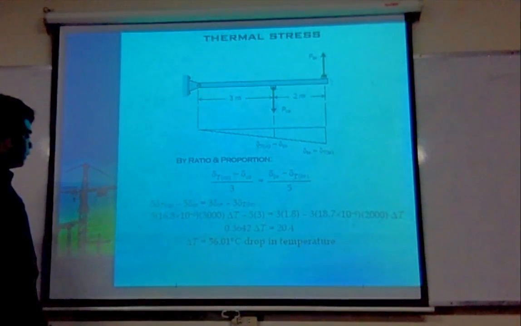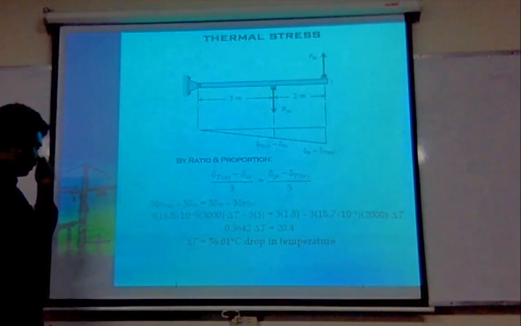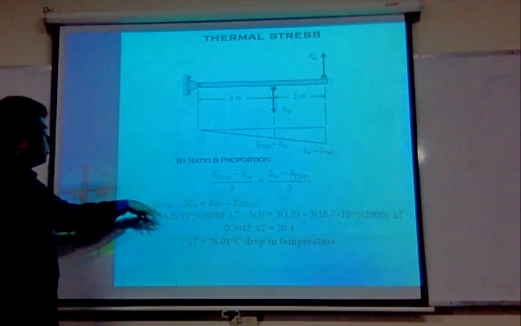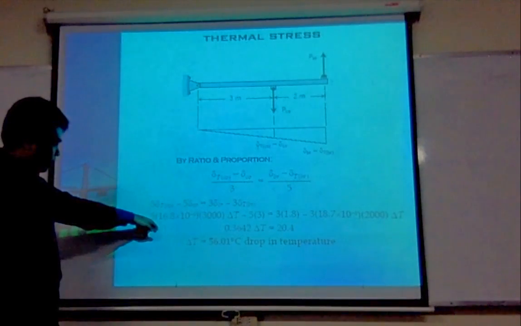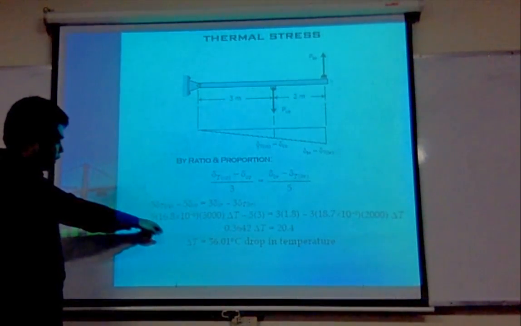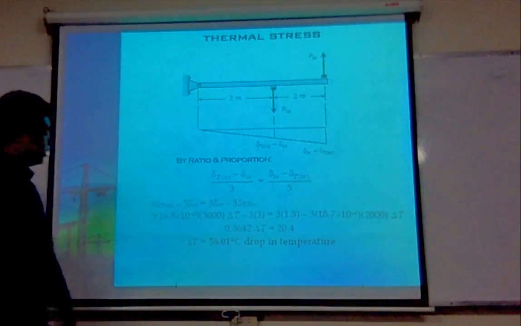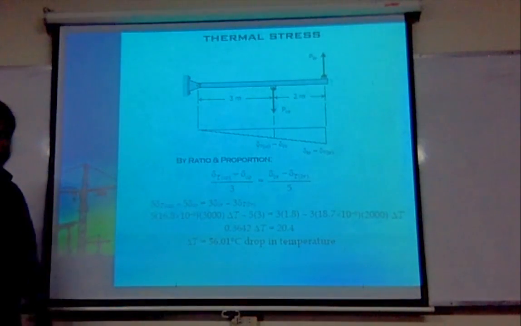From that equation, we just substitute the given values and we'll get the temperature change, which is 56.0 degrees Celsius.